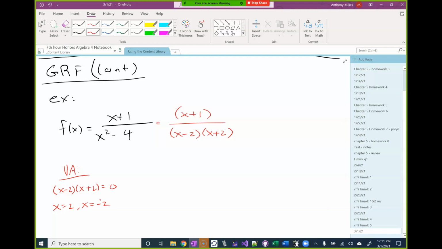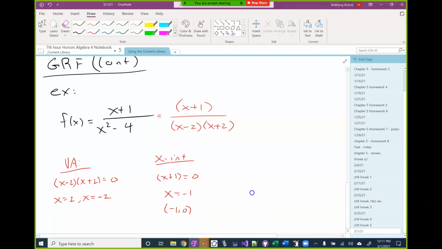Everybody good there? I'll find my x-intercepts next. I get the x-intercepts by setting the numerator equal to 0. So if I do that, I get -1. And I'm going to remember to write my x-intercept as a point, because it's very easy to get confused and start thinking that's another asymptote or something.